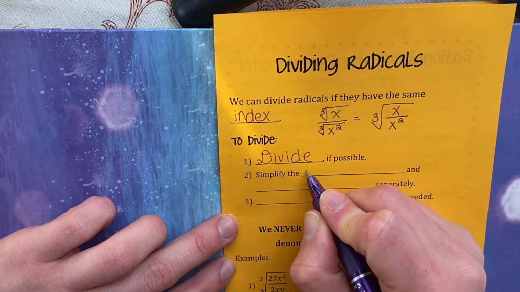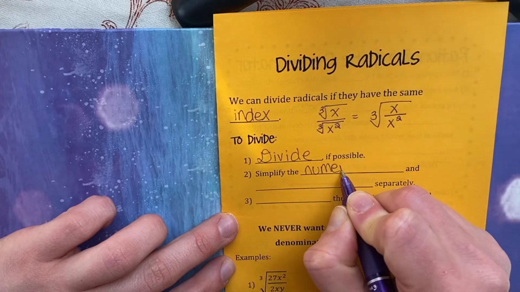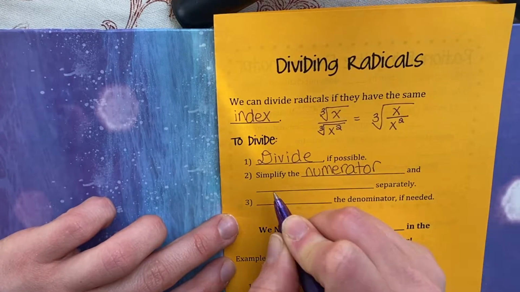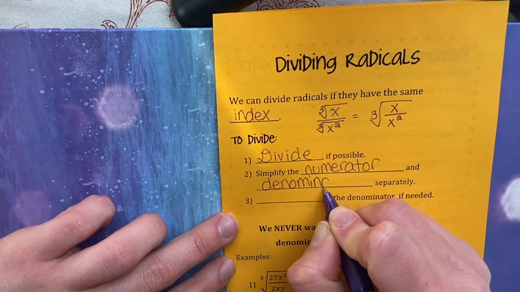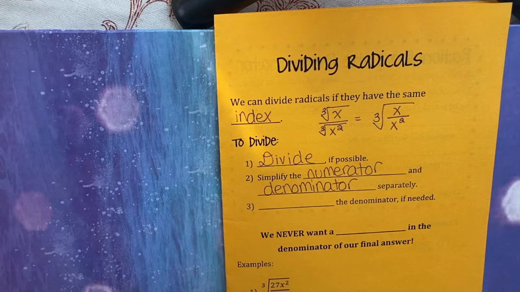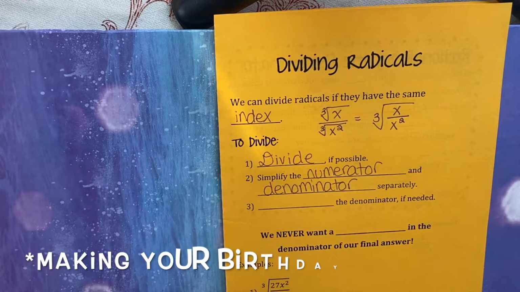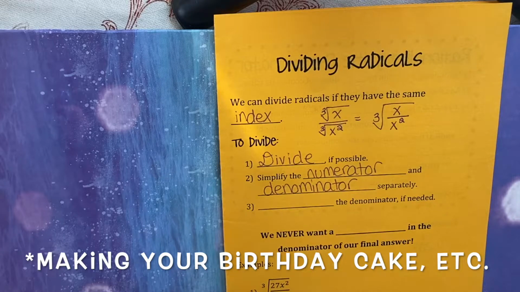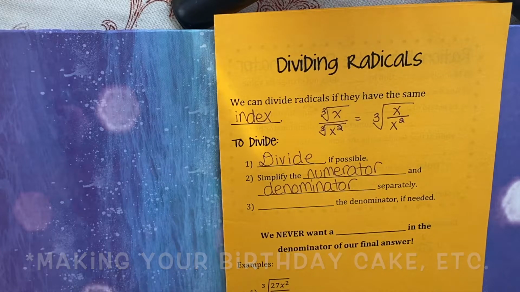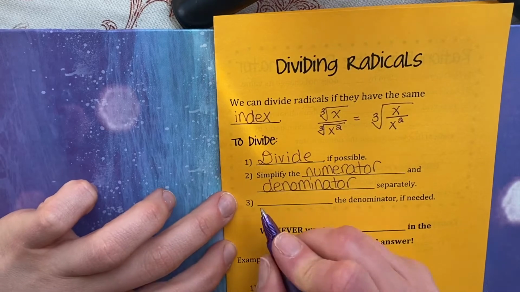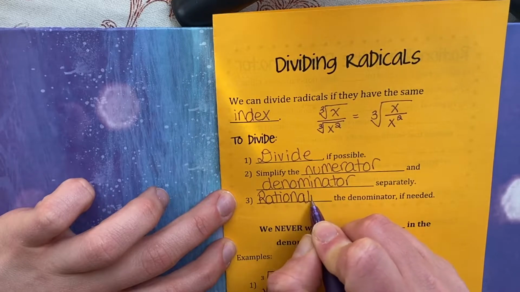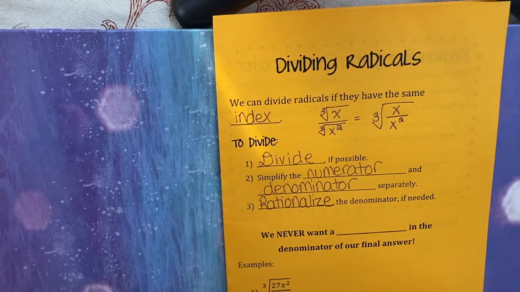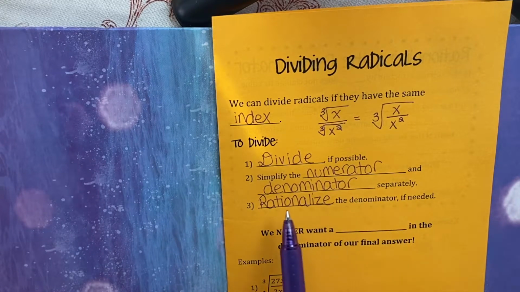Then you would simplify the numerator and denominator separately, making your groupings, pulling things outside of the root if you can. And last but not least, rationalize the denominator if needed. This we will talk more about in a second.